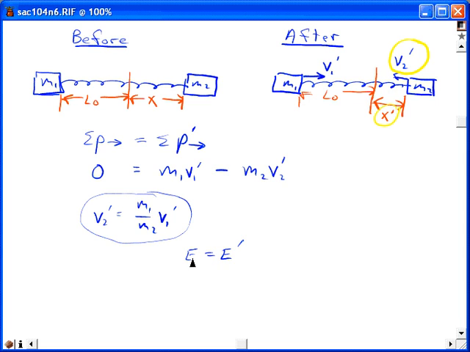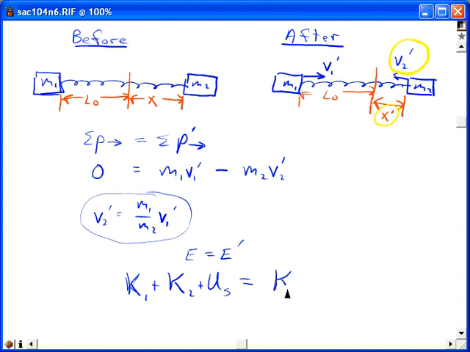The mechanical energy that I'm keeping track of could be the kinetic energy of object 1, plus kinetic energy of object number 2, plus the energy stored in the spring in the before picture.